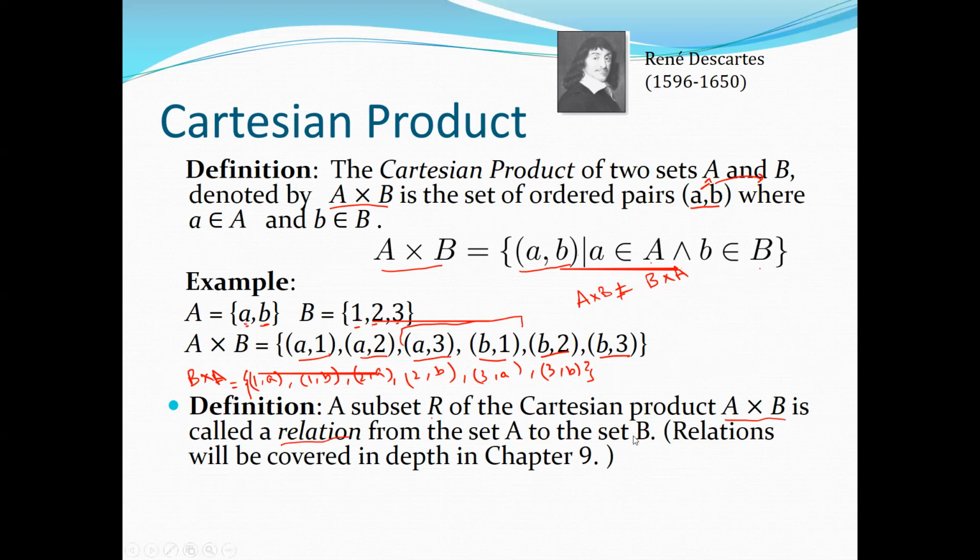A set that is a subset of A cross B is called a relation. We have a separate chapter on relations, chapter 9, and we will also discuss relations in the next one or two lectures after functions. We will be discussing this in detail in that chapter. So the Cartesian product is clear.